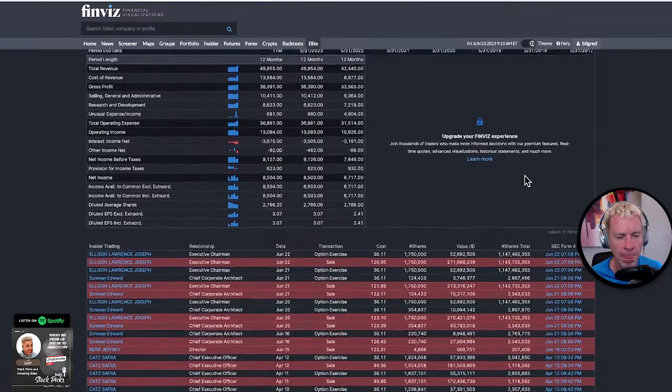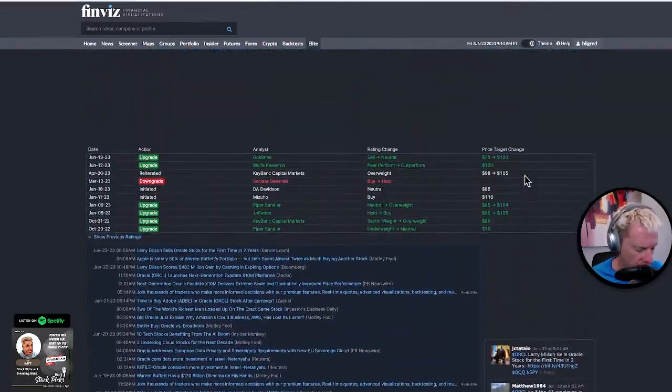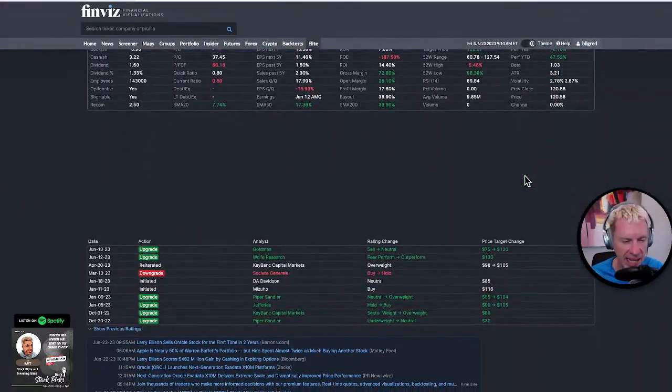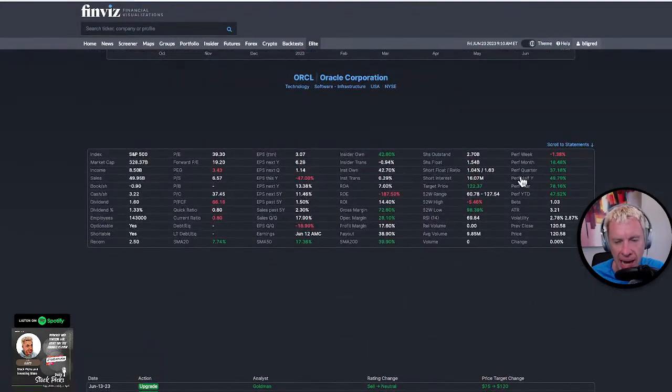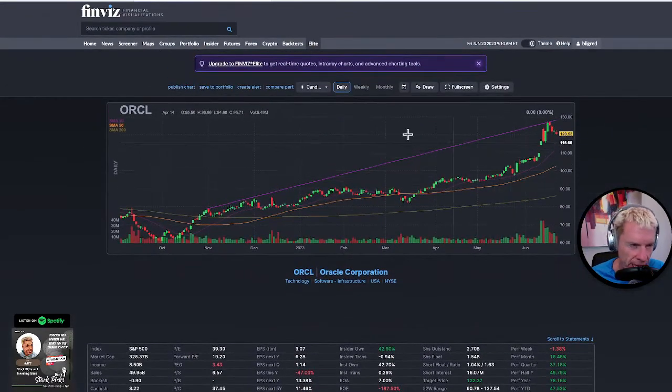Okay. That's an interesting one with insiders selling. Average target price is 122. You're trading at 120. It is what it is.